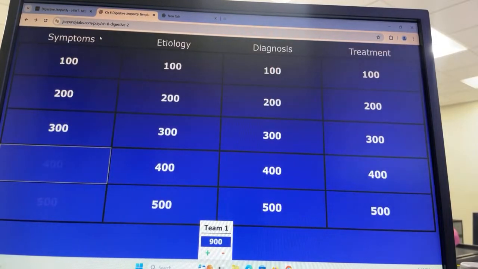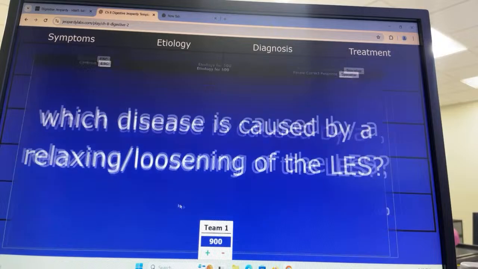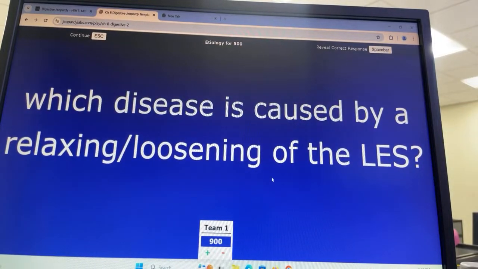All right, which disease is caused by relaxing or loosening of the lower esophageal sphincter?